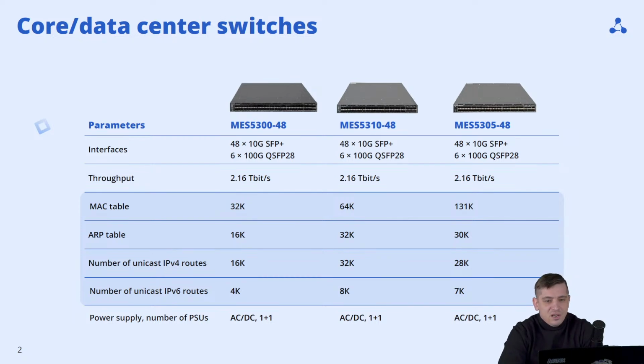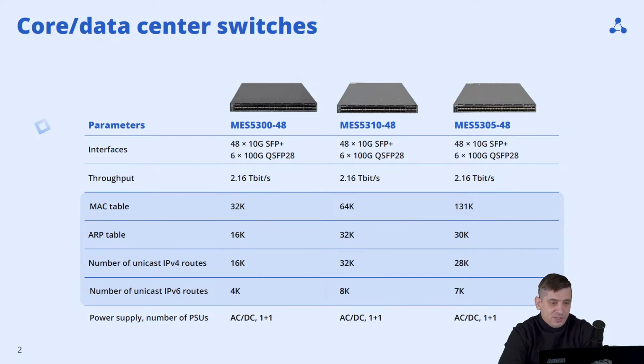Actually, the chipsets of this series are identical. As you see, the set of interfaces is also similar. These switches provide 40 rate 100 gigabit SFP plus interfaces and 600 gigabit QSFP20 rate interfaces for uplinks.